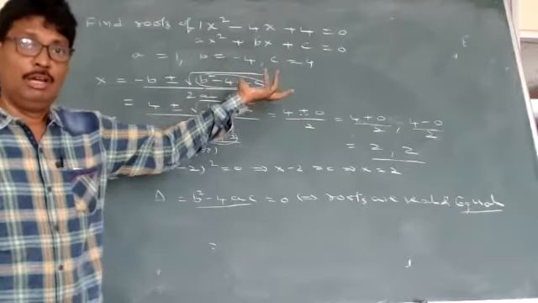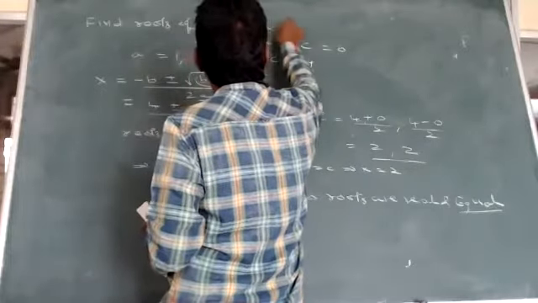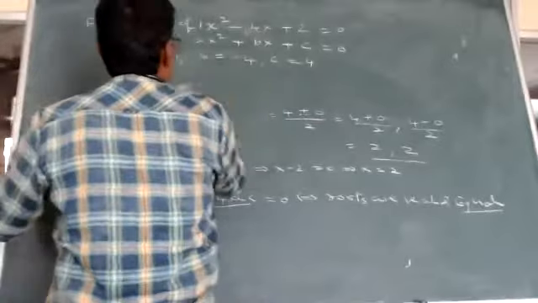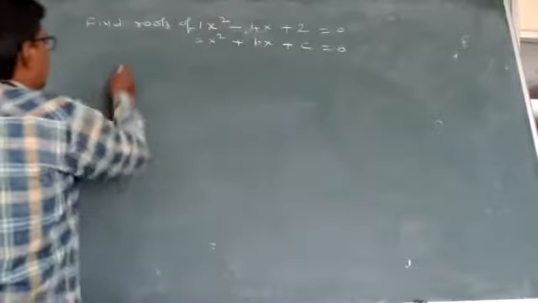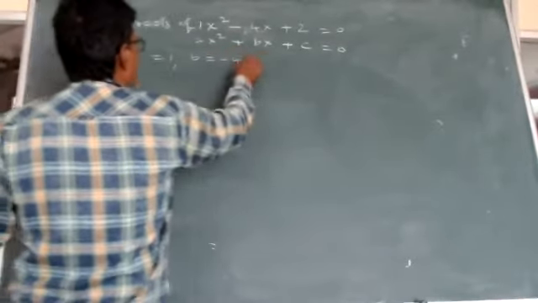In this case, we will see what will happen to delta. Suppose x square minus 4x plus 2 equal to 0. What will happen? Here a is 1, b is minus 4, c is 2.